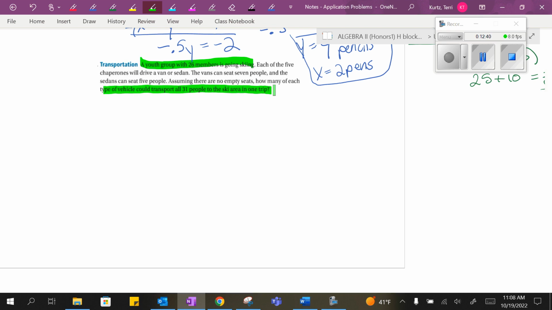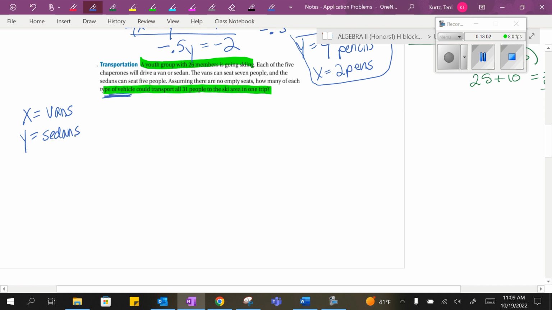Okay, so this one has kind of a lot going on also. But let's first look at our last question, where it says how many of each type of vehicle. So that tells us right away we're going to let x equal vans, because we're looking for types of vehicle, and y will equal sedans.